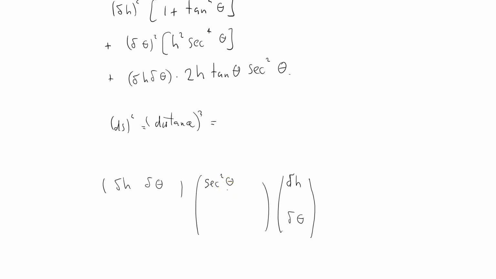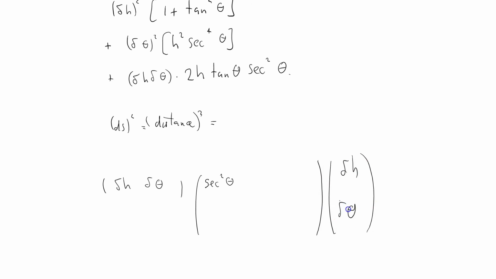This isn't going to be big enough, is it? I'm going to have to rewrite it again. Let's make it out there. Delta h, delta theta. This term here is h squared sec to the 4 theta. And we've got 2 off-diagonal terms here, which I'm going to split equally.